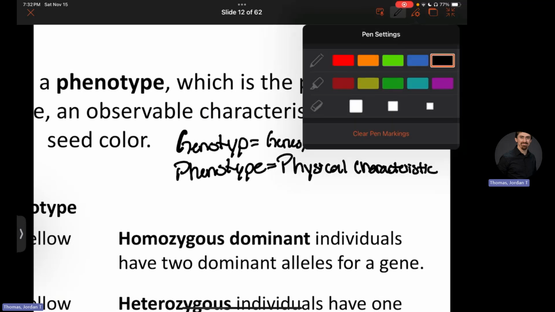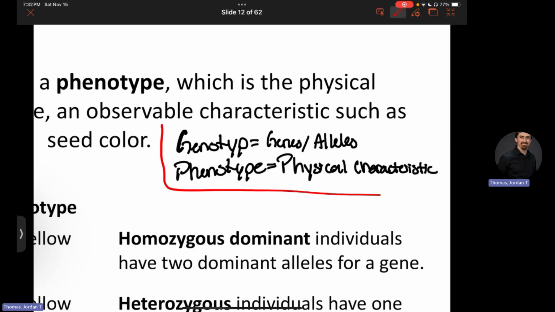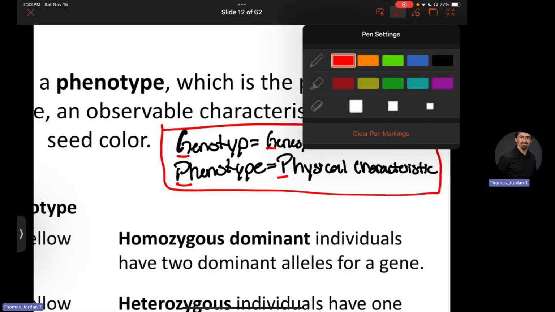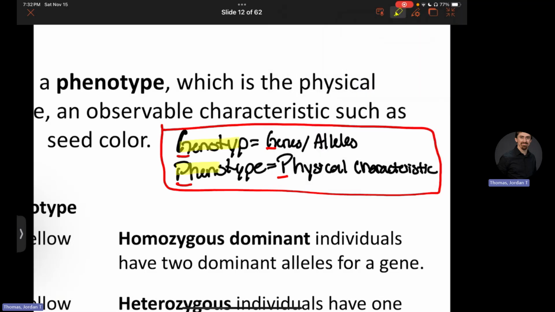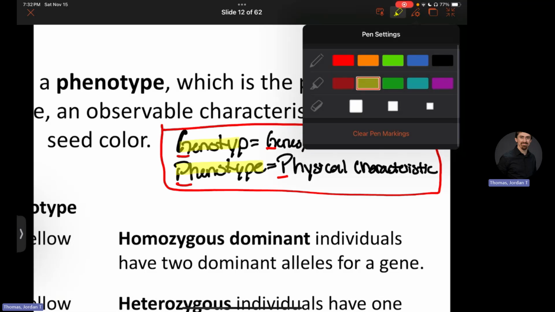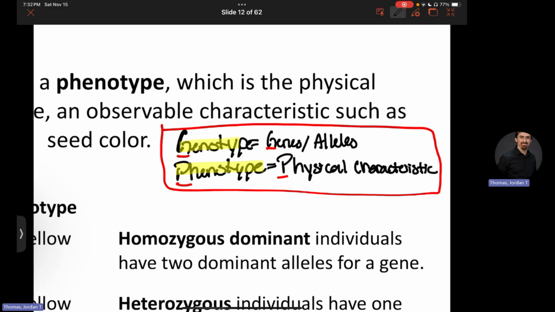And that's what I want you to know. This is how you determine each one: G for gene, P for physical. And we'll highlight that too. I forgot the E in this word, and that's okay.